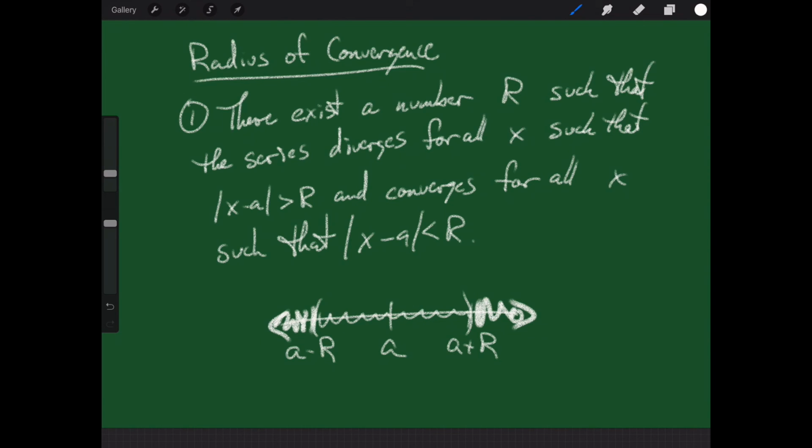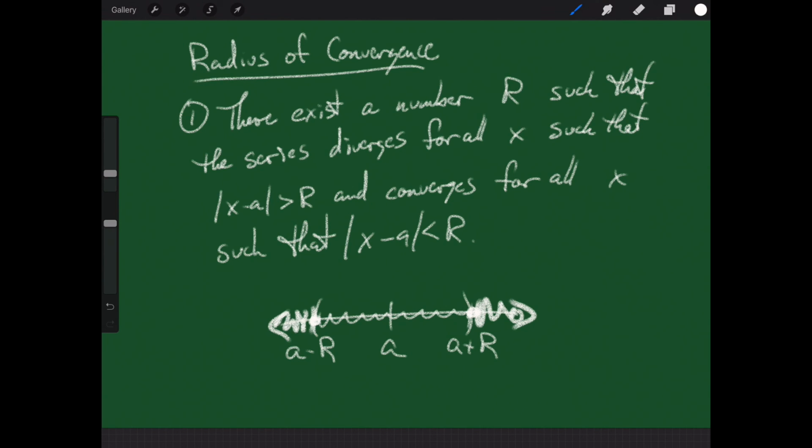And so the question is, what about at the endpoints? Like, what about at exactly the point a minus R and exactly the point a plus R? Well, then we don't really know. And we need to test something. We need to test to see, does it converge? Does it diverge?